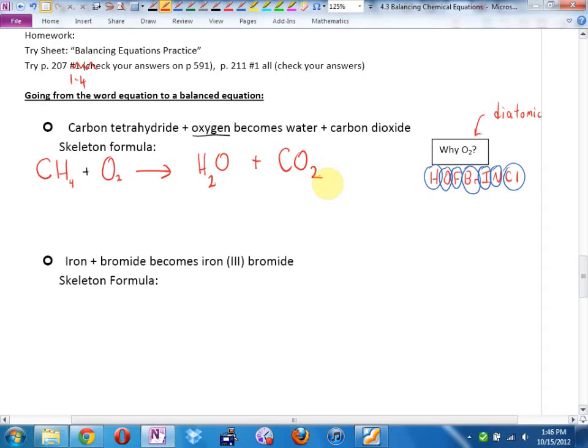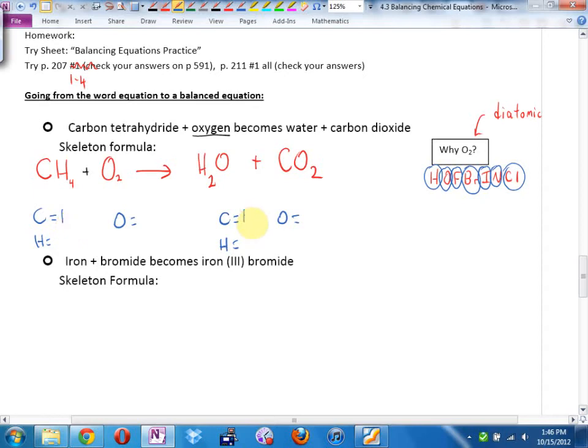And we said, until you get really good, the best way to do this is to start listing how many of each there are on each side. Right now, how many carbons are on the left? 1. Because that 4 is on the H, right? Not on the C. How many carbons are on the right? 1. Oh, we're balanced.